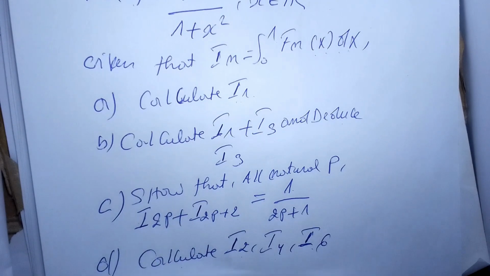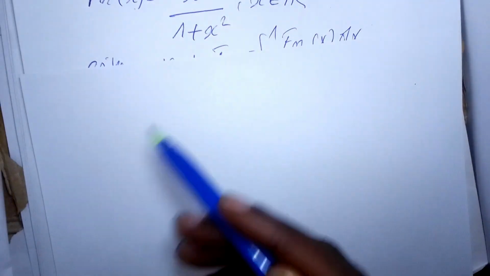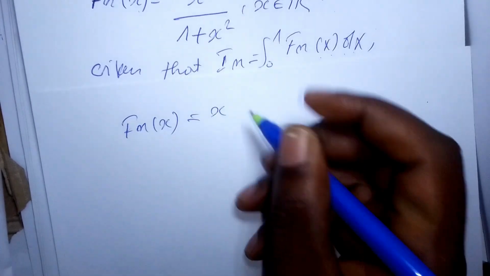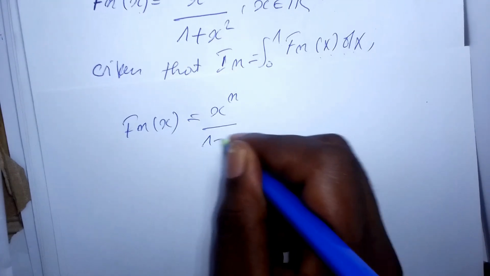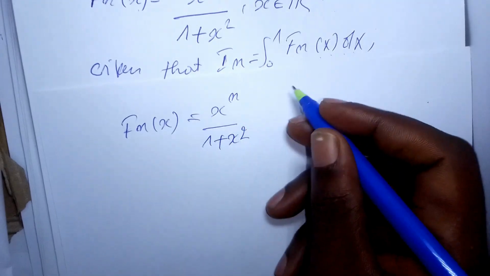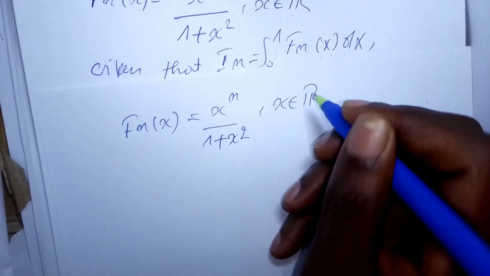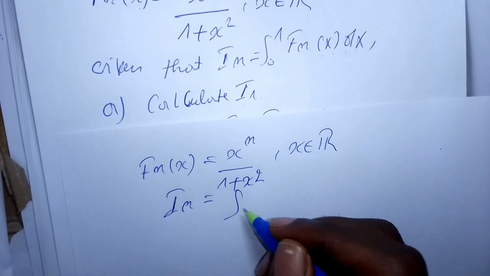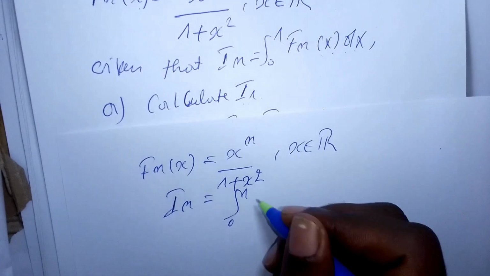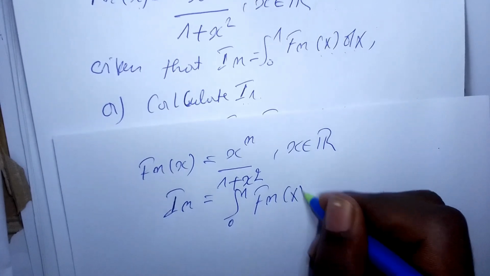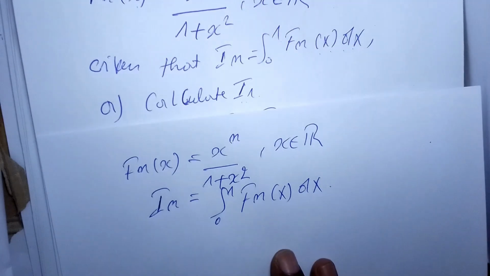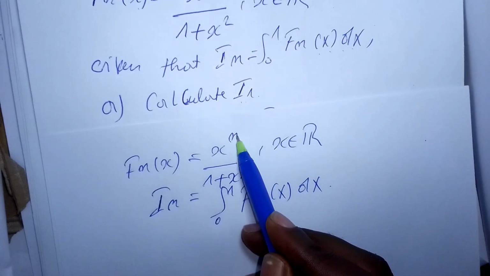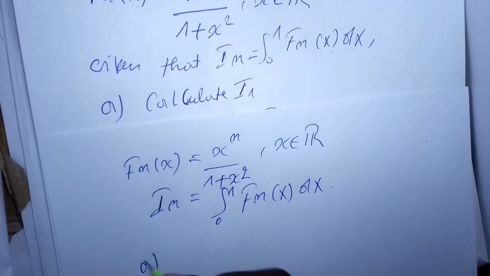They give us this function, f of x equal to x power n over 1 plus x squared, for x belonging to R, and In equal to the integral from 0 to 1 of fn of x dx.